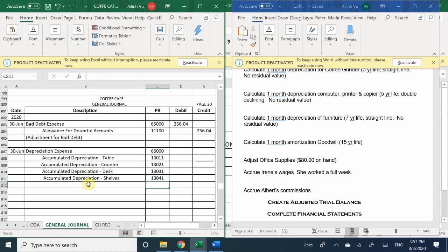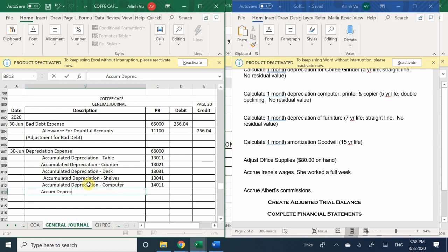And we have a computer. That'll be 14011. And then printer. Make sure you're writing accumulated depreciation, not just printer, because those are actual assets. Accumulated depreciation for all of them.